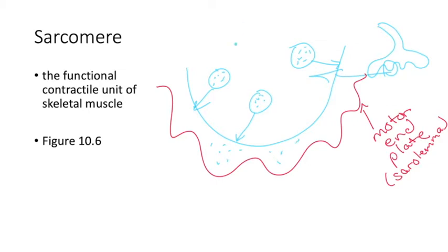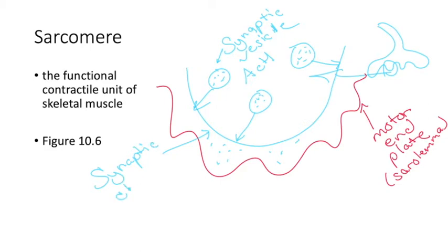So, quick reminder, it's too many arrows, sorry. This is the synaptic vesicle that contains ACH. And this vesicle then dumps into the space called the synaptic cleft.